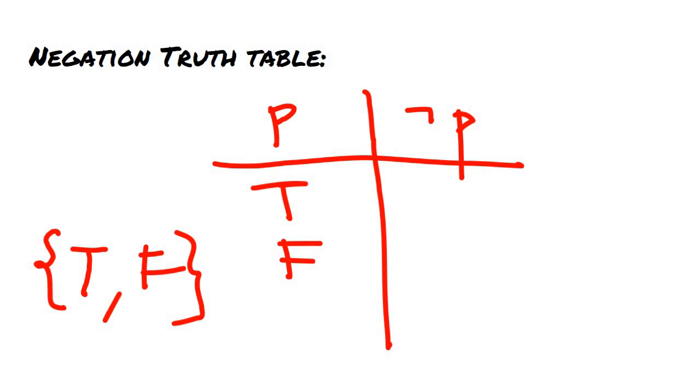The negation of truth is falsehood, and the negation of falsehood is the truth. As simple as that.